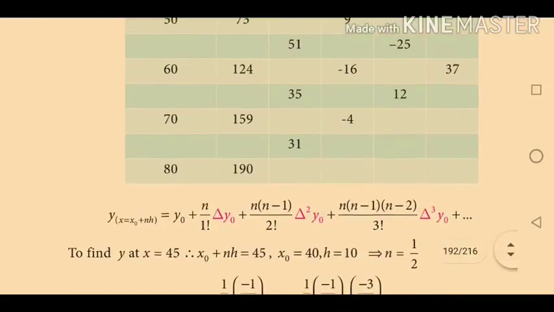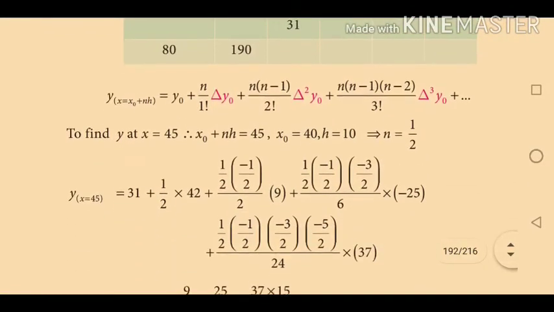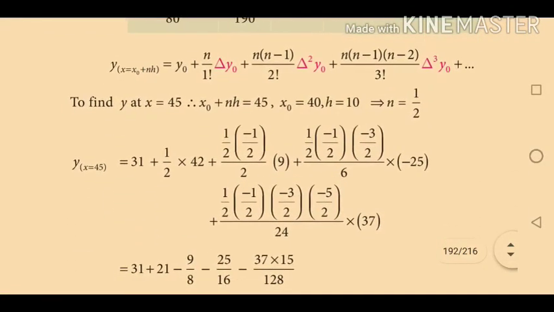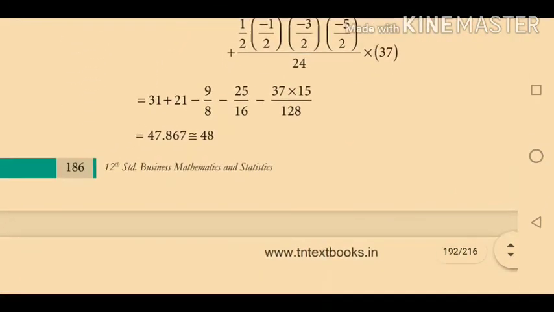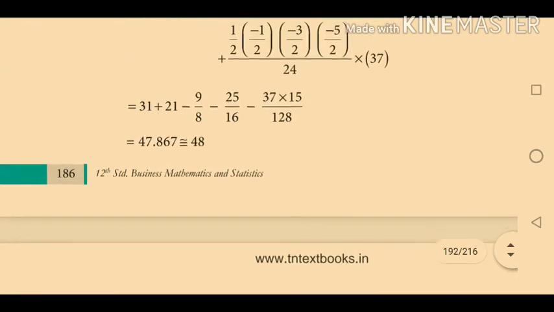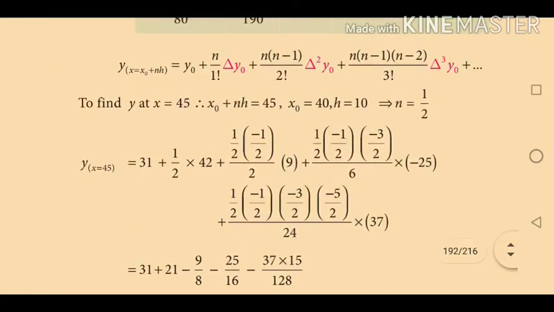After substituting the values of n, you get the answer 48. So you apply Newton's forward method to find values at the beginning of the table.